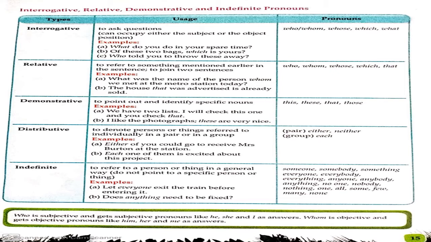Next is distributive. To denote a person or thing referred to individually, in a pair, or in a group. Okay, means that when we are denoting a person or thing referred to individually, in a pair, or in a group. Let's see by examples. Either of you could go to receive Mrs. Burton at the station.